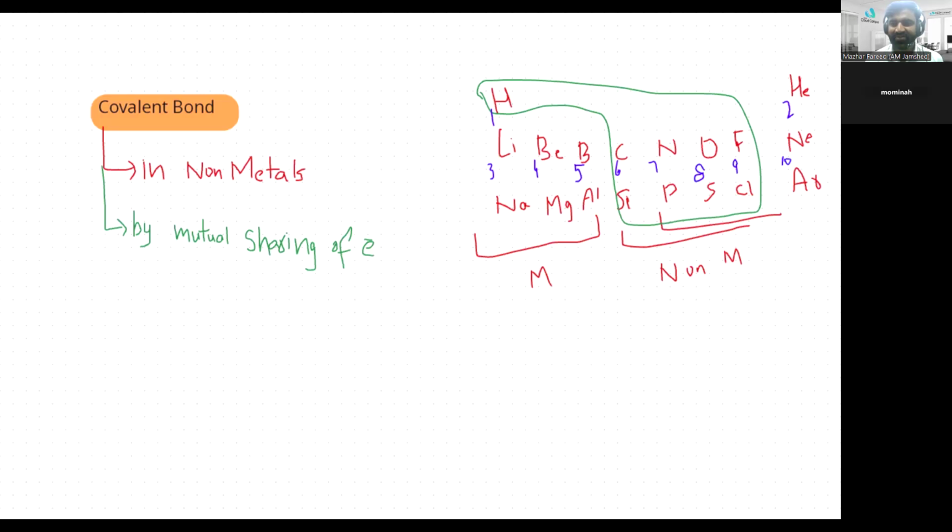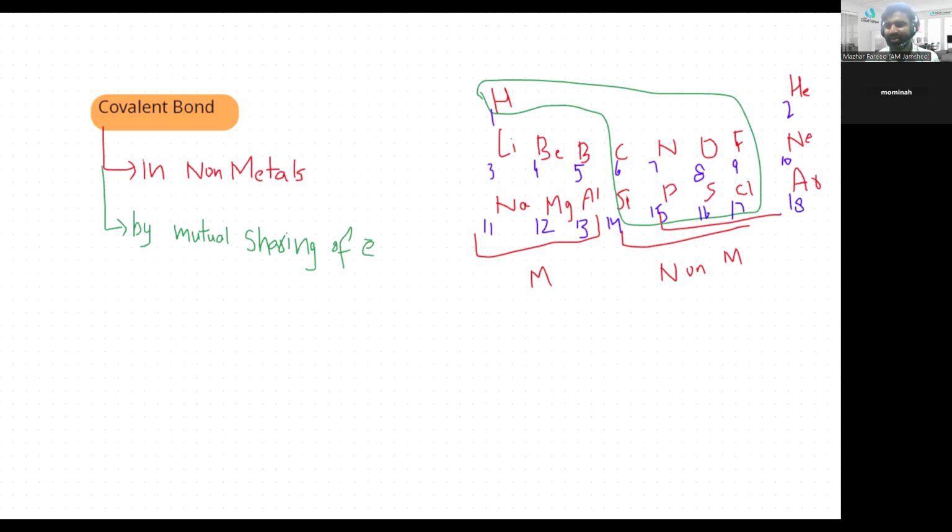And likewise, sodium is 11, then 12, 13, 14, 15, 16, 17, 18. Atoms form bonds only to become stable like these elements.